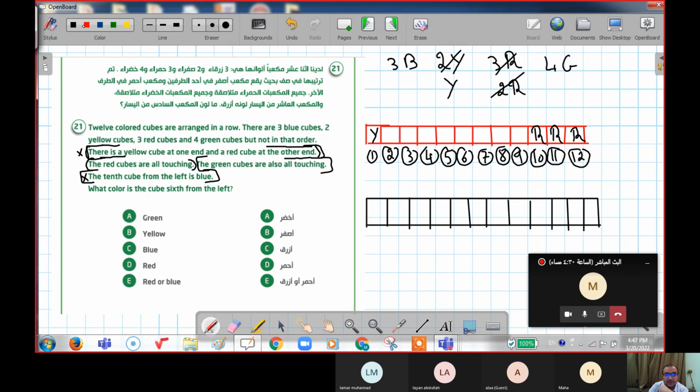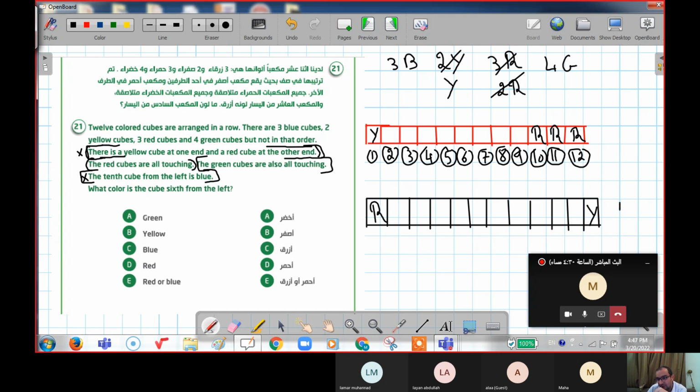Now, if I put red here and yellow at the end, it's still right. The first sentence is still right: there is a yellow cube at one end and a red cube at the other end. So this is red, this is yellow, and also this is red and this is yellow.